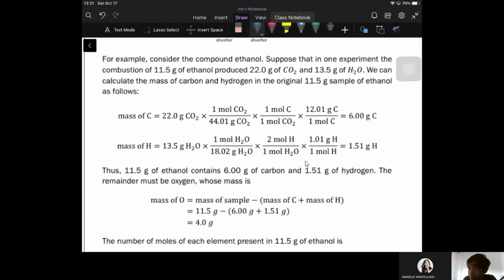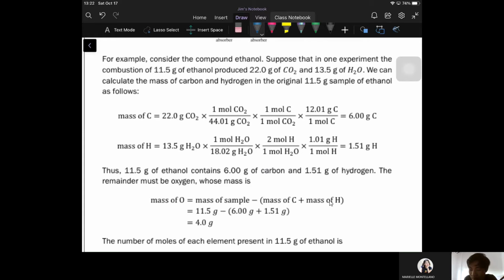Okay. So, that means kailangan yung mass ng compound must be equal to the masses of your atoms in there. So, you have 6 grams of carbons, 1.51 grams of hydrogen. So, that means yung natira ay yung oxygen na lang. So, paano kinukuha yung oxygen madalas? Mass of sample minus the mass of carbon, mass of hydrogen. Bakit?